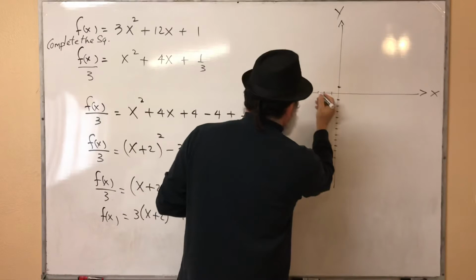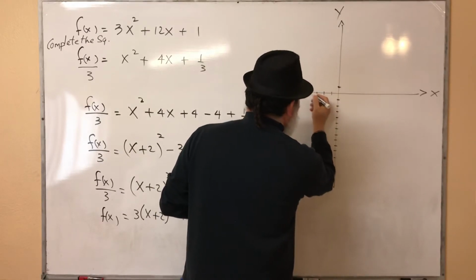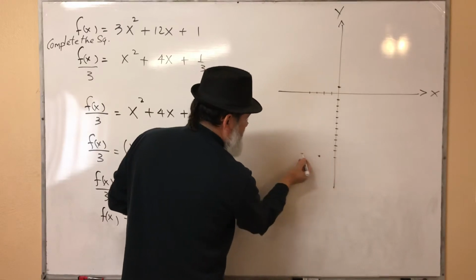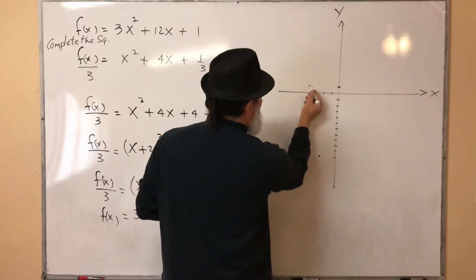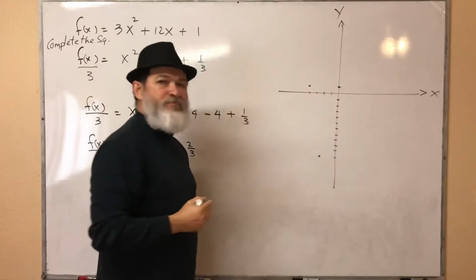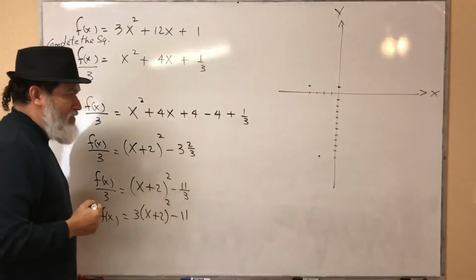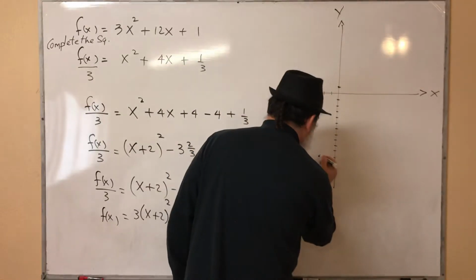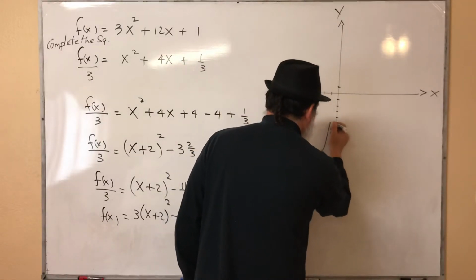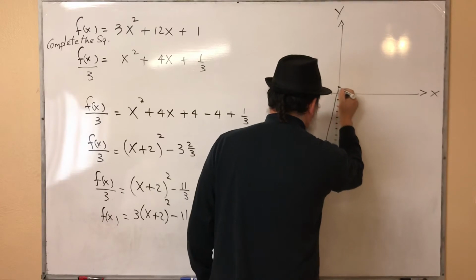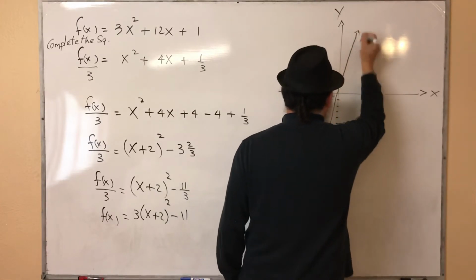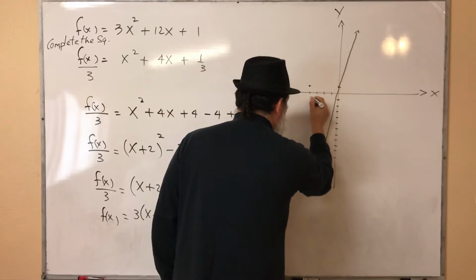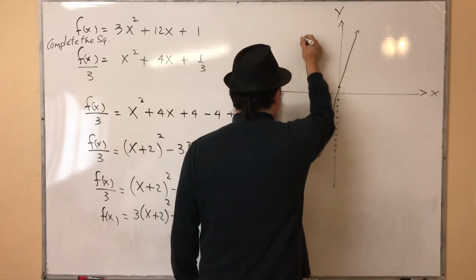By symmetry, because from here to there is 2, from here to there is 2, this must be also 1 by symmetry. Okay? So therefore, this opens up. Passes through this and goes up that way. It opens up. Passes through this and goes up that way.